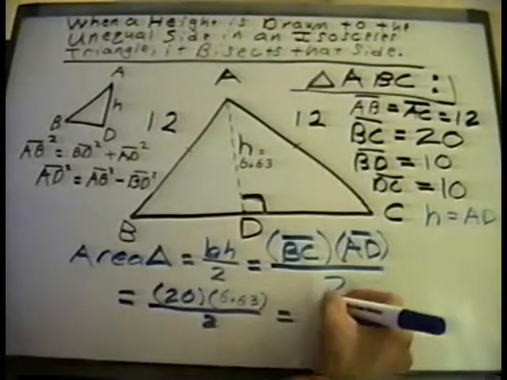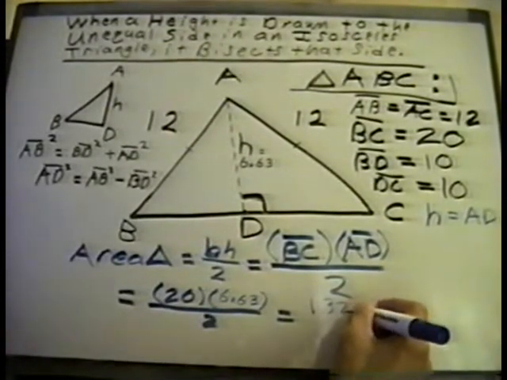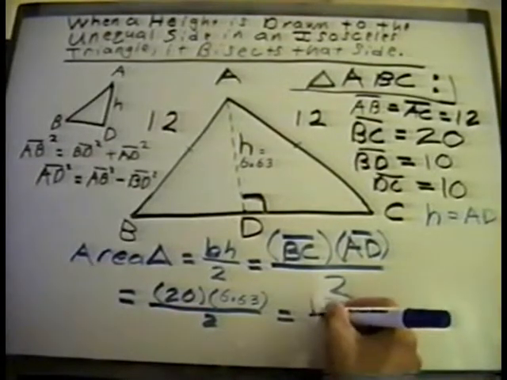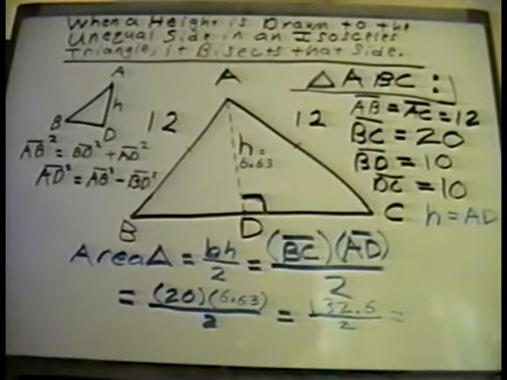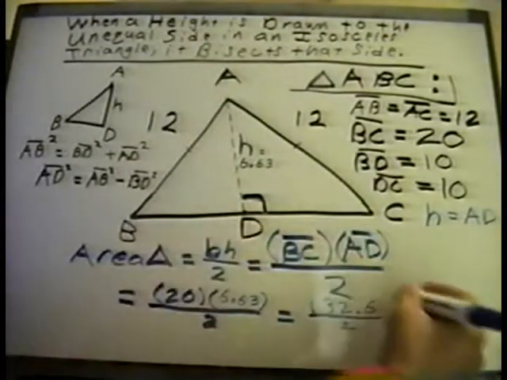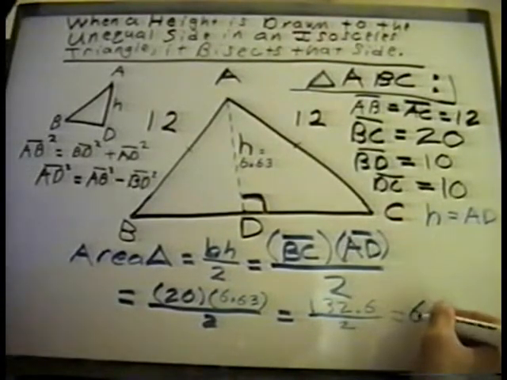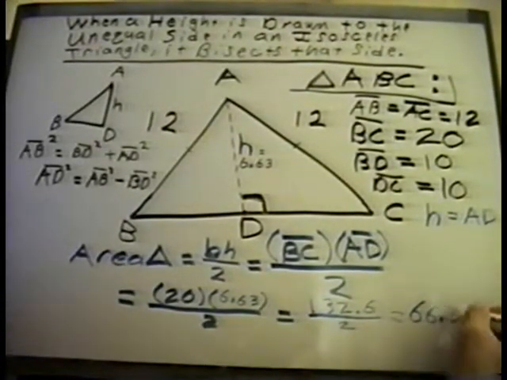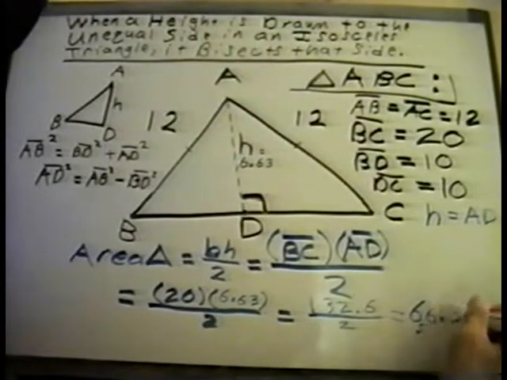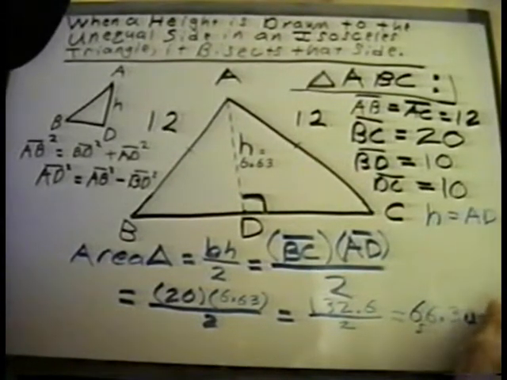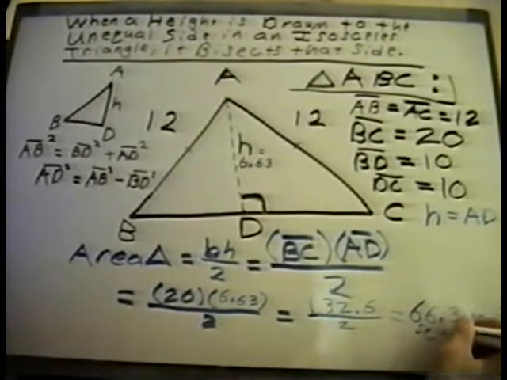So calculating this value, the 132.6 over 2, or 66.3 square units, or you would say units squared. You could say square units.